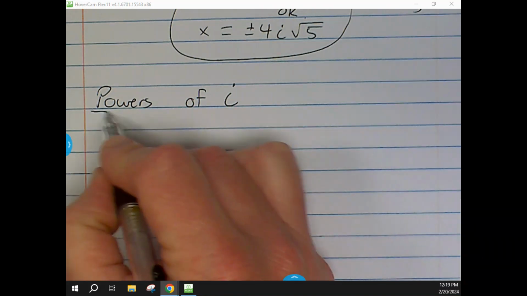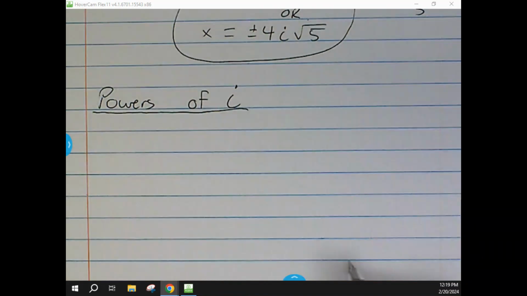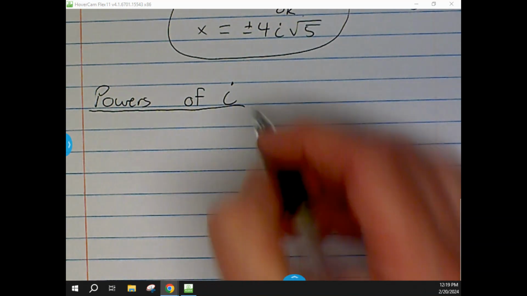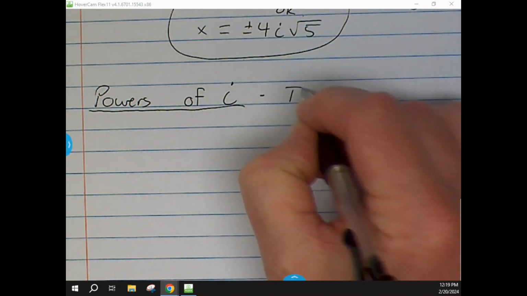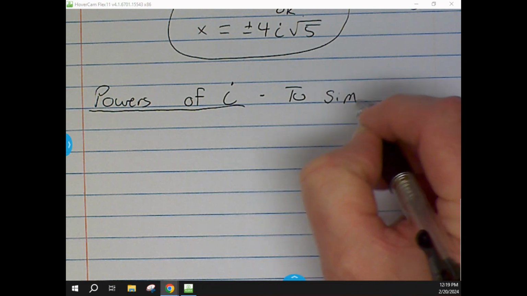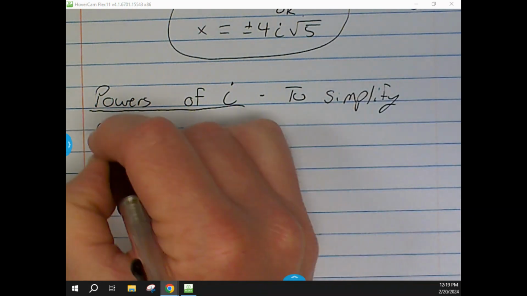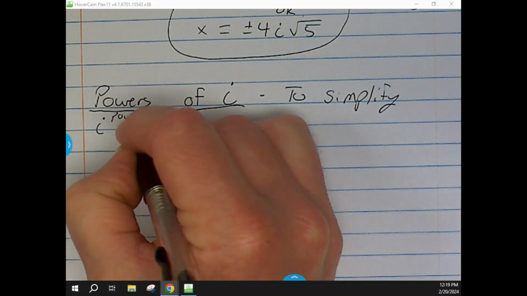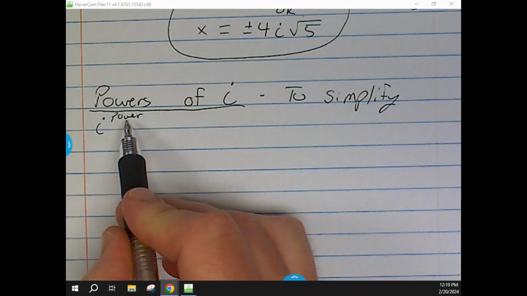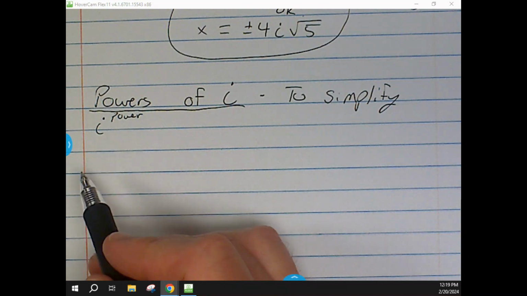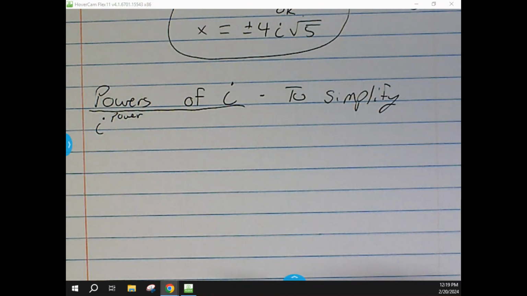And again, this is where calculators kind of come in handy. Hopefully on these, if not, you can just do regular division and see what's here. But basically, if they're going to ask you to simplify i to some power, it could be i to the 37th, i to the 19th, i to the 43rd. Doesn't matter what it is, it's just i to some power.